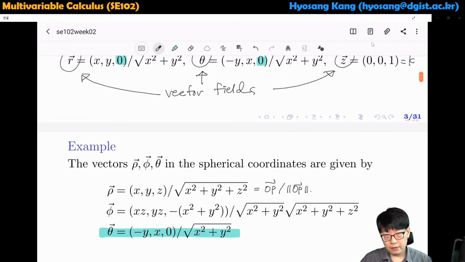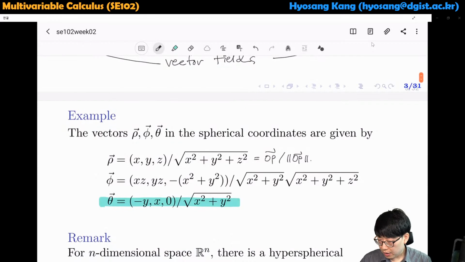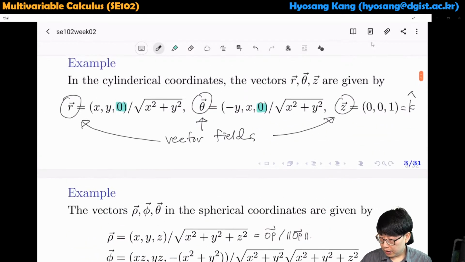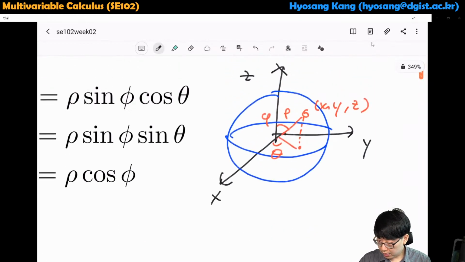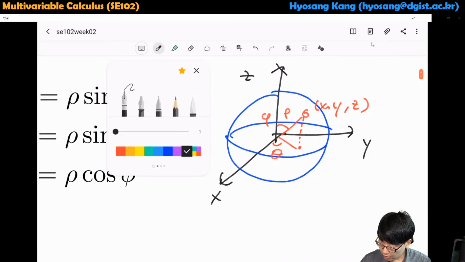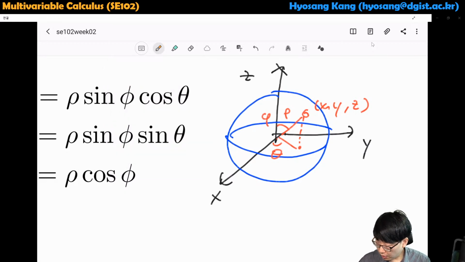How do you get the phi vector here? So what is the phi vector? Let's look at the picture of the sphere again. So the theta vector is this direction.